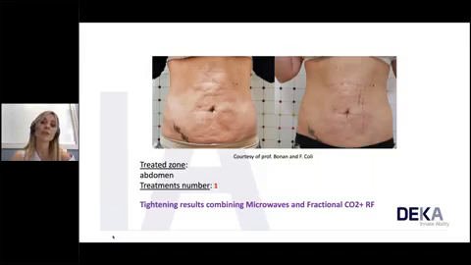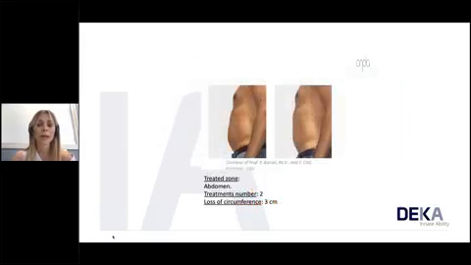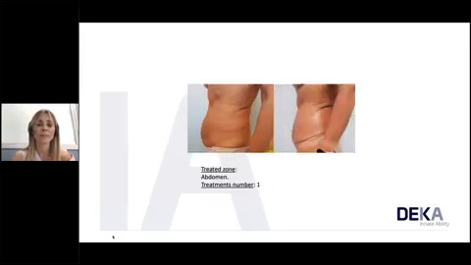In this case, the treatment with fractional CO2 can be performed even the day after. Here you can see the reduction in circumference, 9 centimeters and 5 centimeters, and tightening result. Again, the loss of circumference and the improvement in skin tightening after only 2 treatment sessions.